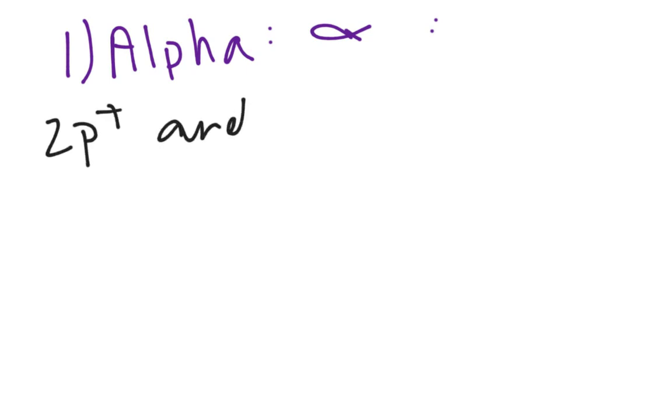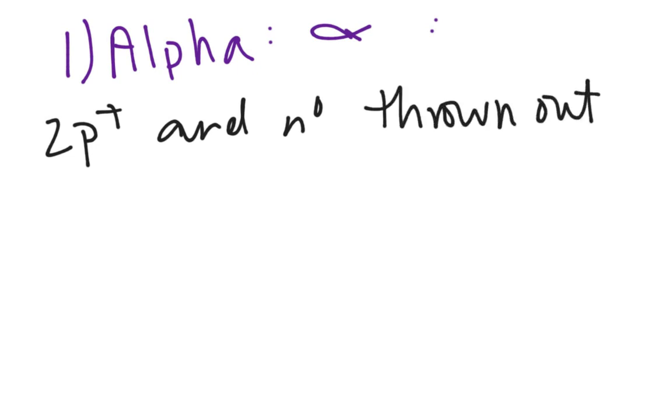First is alpha radiation, which is written as a fish kind of thing. It is 2 protons and 2 neutrons being thrown out of a nucleus.